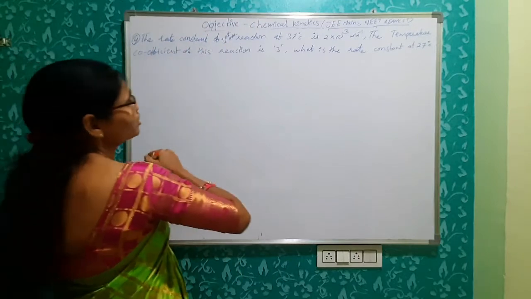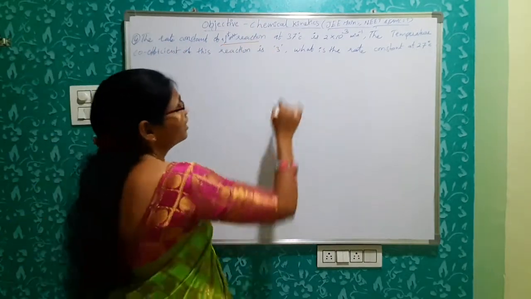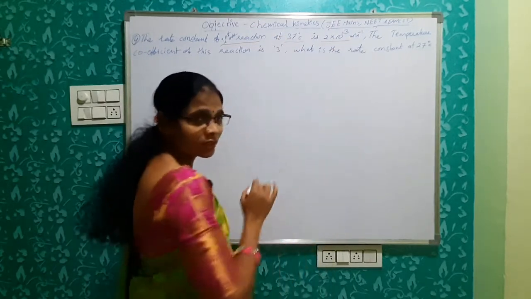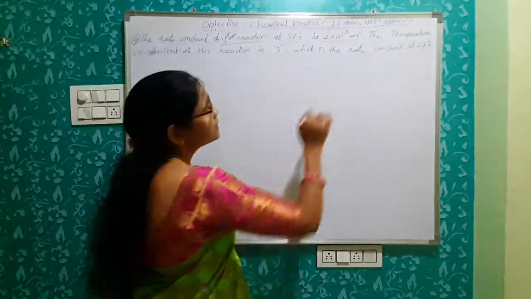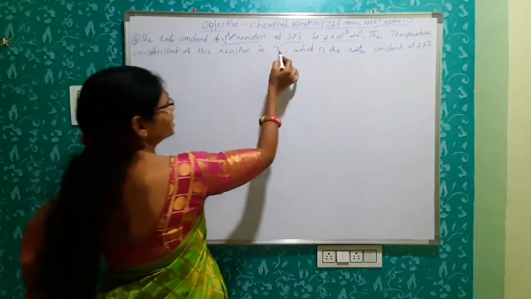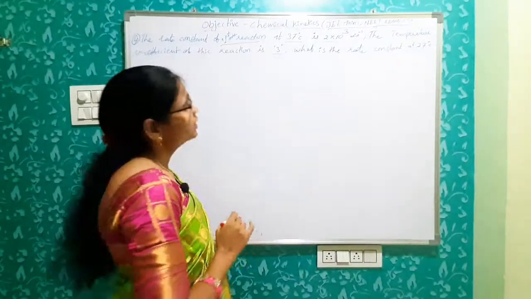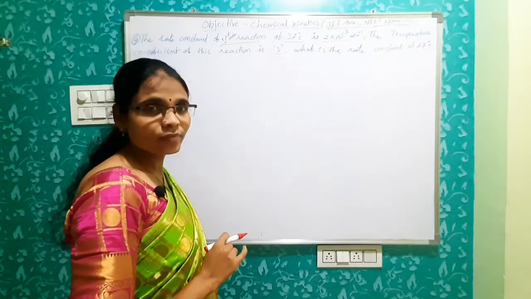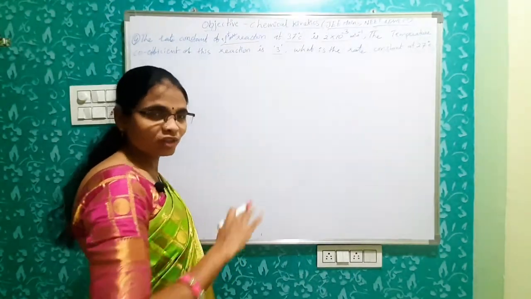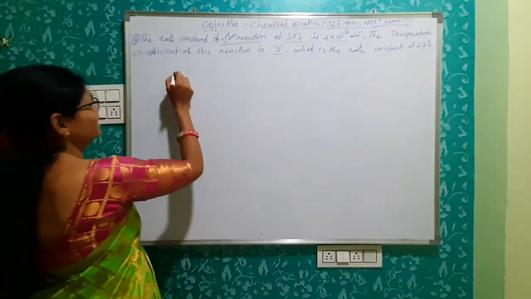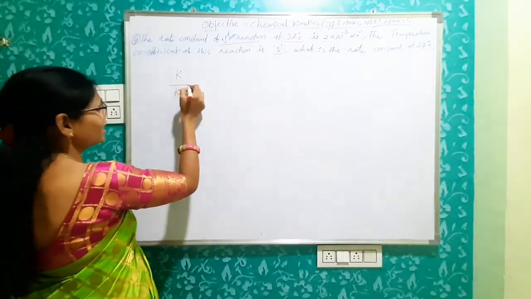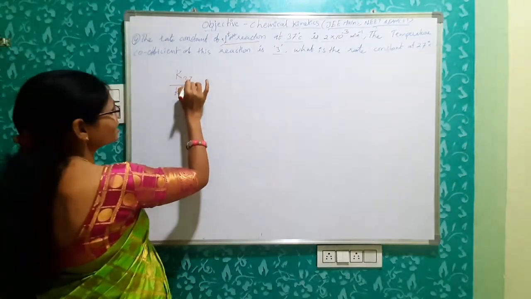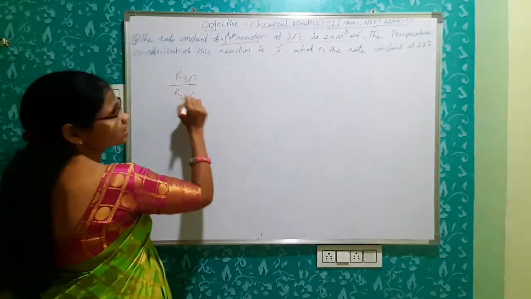The rate constant of a first order reaction at 37 degrees Celsius is 2 into 10 power minus 3 per minute. The temperature coefficient of this reaction is 3. So what is the rate constant at 27 degrees Celsius? What is the temperature coefficient formula? The ratio of two rate constants differing by 10 degrees Celsius, here 37 degrees Celsius and 27 degrees Celsius.